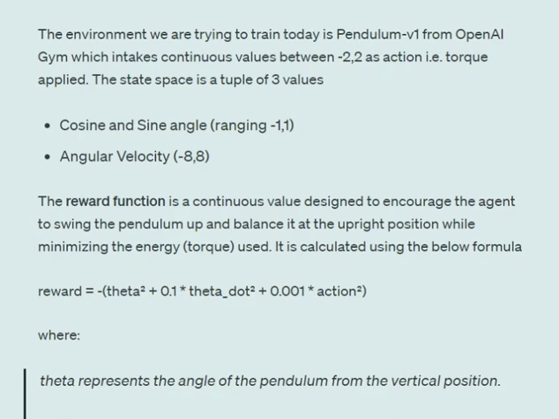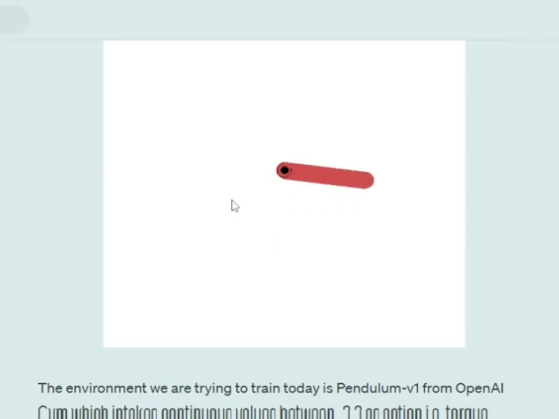Now the reward function is a continuous value designed to encourage the pendulum to be balanced in the upright position. In this particular GIF, you can see that it is downwards. It has to be upwards so that the reward would be higher, that is, less negative in nature.